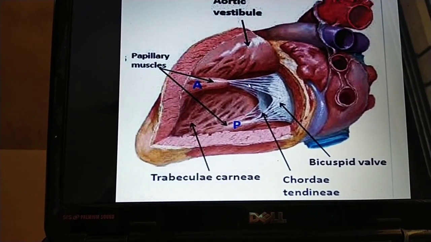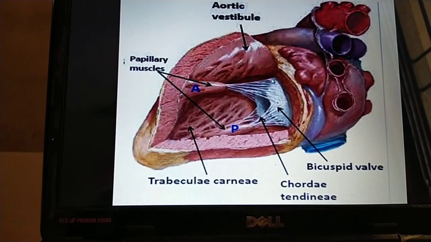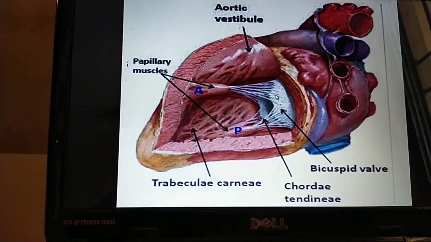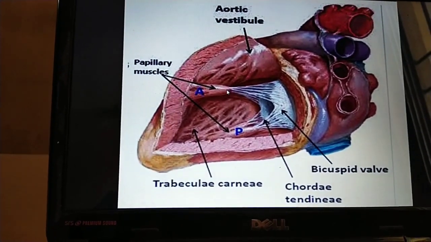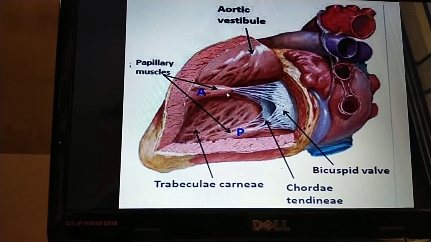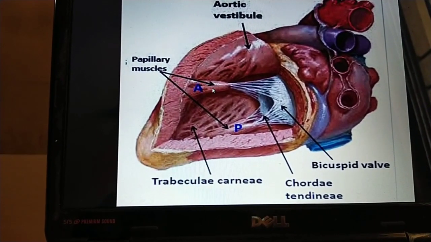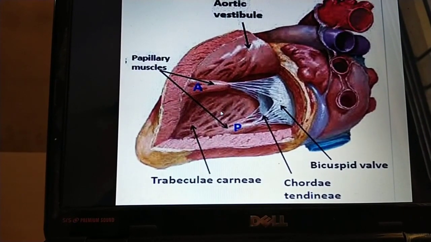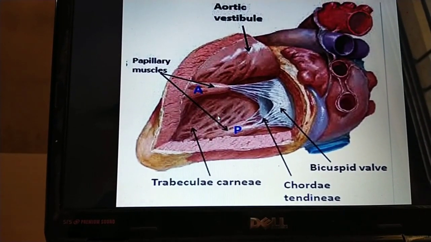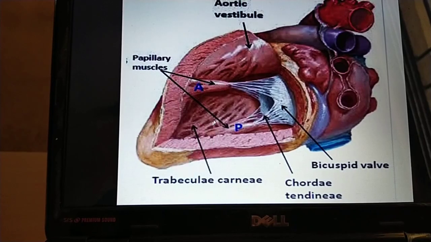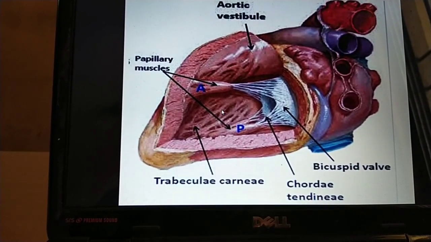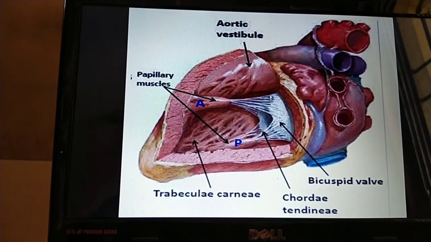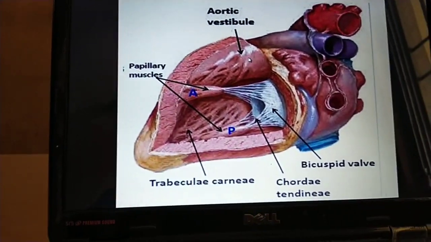The chordae tendineae are attached to the edges of the valve, one end attached to the edges of the valve and the other end attached to the papillary muscles of the ventricles. These projections of the ventricles are called trabeculae carneae. These are the chordae tendineae, and this is the aortic vestibule.